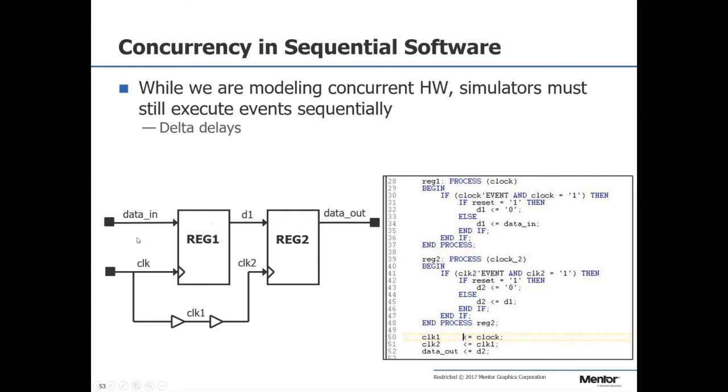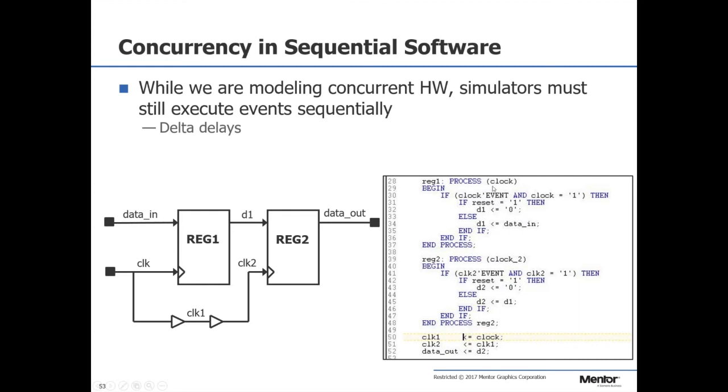On one clock cycle, I expect data to go to D1, and on the next clock cycle, I expect it to go to the output and then flow to the output port. But you'll see that my designer was kind of sloppy. What he did was assign clock to clock 1 and clock 1 to clock 2, and I've collected code that's spread out all over the place into one module here to demonstrate an issue.